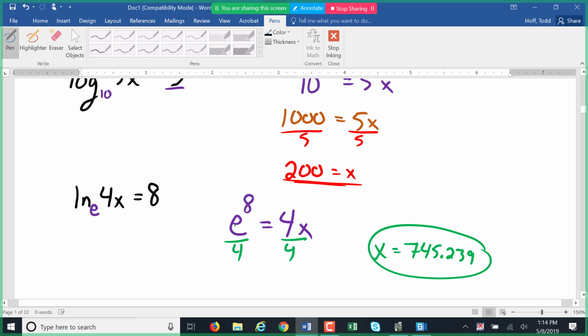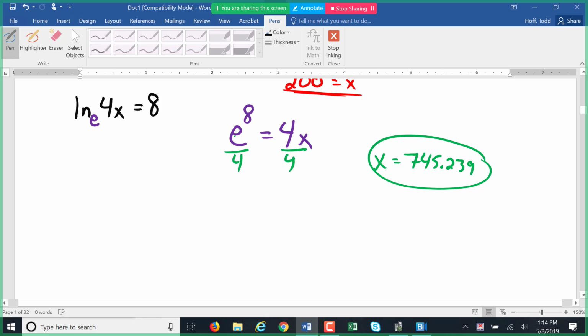So I want you to try to come up with a solution for ln of x over 3 equals 5. See what you come up with there.